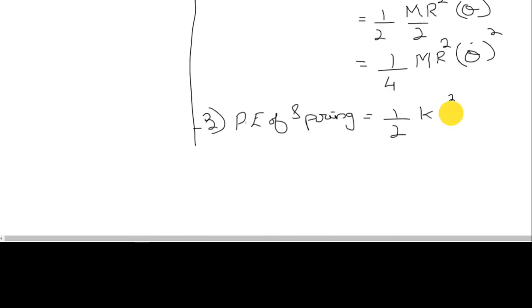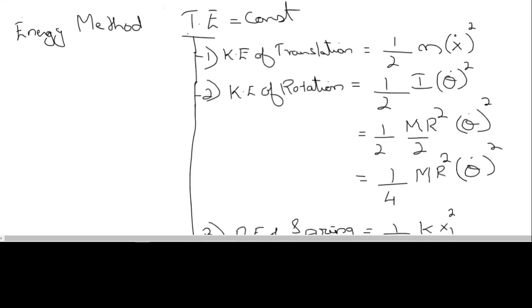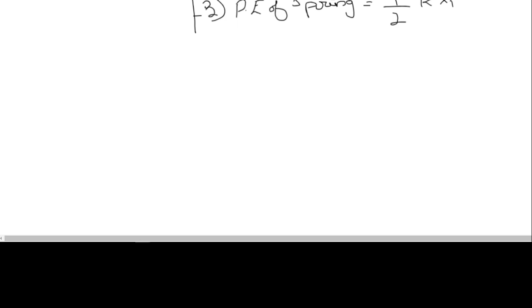So half k x1 square. These are the three energies associated with the system, and if you can find these three energies, to find the natural frequency you just equate them to a constant, or you take the derivative and equate it to 0.